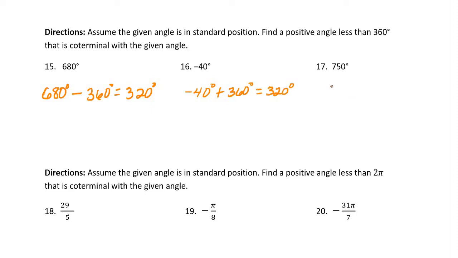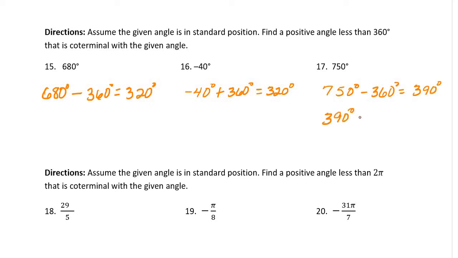Now, sometimes you may need to undo more than one rotation. So on this next problem, I have 750 degrees as my angle. If I subtract off 360 degrees, that's going to give me 390. And that's still more than one complete rotation.